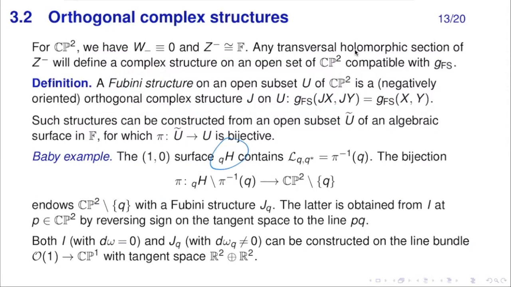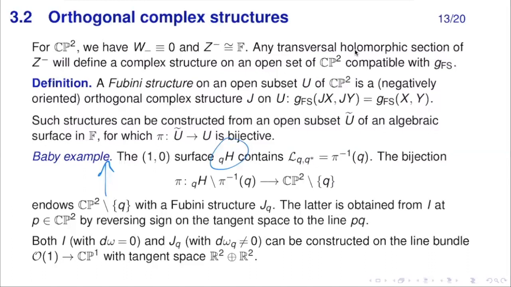If you remove that twistor fiber, then the Hirzebruch surface will map bijectively to the complement in CP2 using the vertical projection. And what that means is that you can take the complex structure on the Hirzebruch surface induced from the standard complex structure on the flag manifold and get a complex structure on the complement, which is CP2 minus a point. Well, that in itself isn't so surprising, but the important thing is that complex structure is compatible with the Fubini-Study metric. So it defines what I call a Fubini structure.